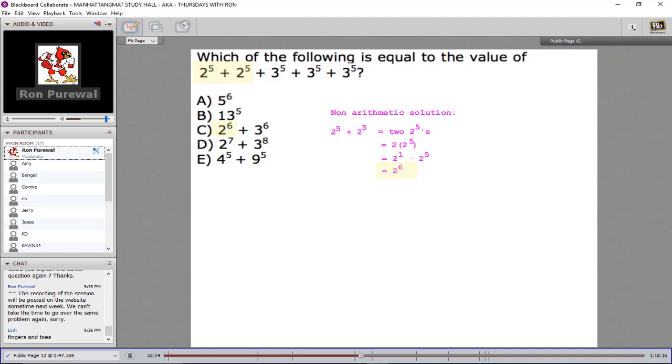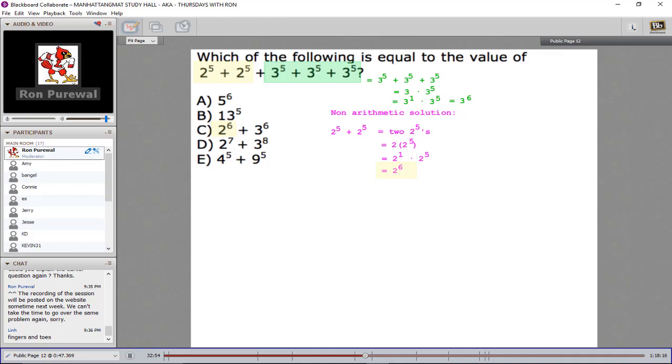If you have these 3 to the 5th, then that's the same kind of reasoning. This is 3 to the 5th plus 3 to the 5th plus 3 to the 5th, and so that's 3 times 3 to the 5th. And so that's the same thing as 3 to the 1st times 3 to the 5th. And so that's 3 to the 6th.